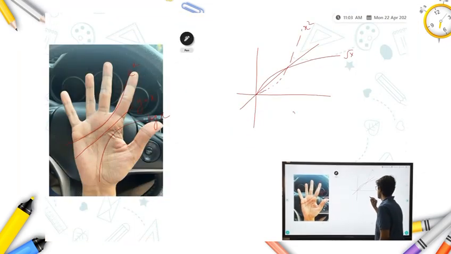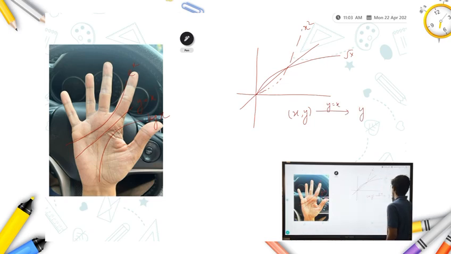So the reflection of x comma y in the line y is equal to x will be y comma x, and the reflection of point x comma y in the line y is equal to minus x will be minus y comma minus x.